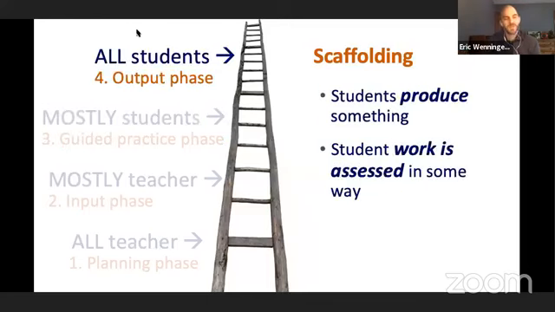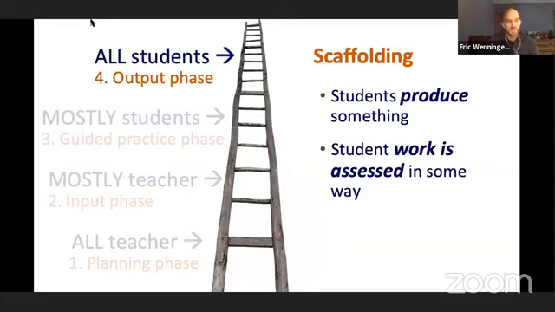And then finally, when you get up to the 4th phase, this is now all the students. Now the responsibility is all on the students. Hopefully they've learned the skills that we're teaching them, and they maybe have a chance to produce something. This could be a test, but it also could be a project, a piece of writing, a video, anything that we can now assess to see that they've learned the skills and the knowledge that we're teaching them.